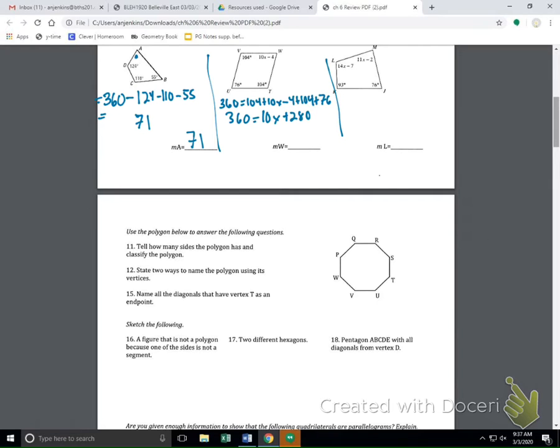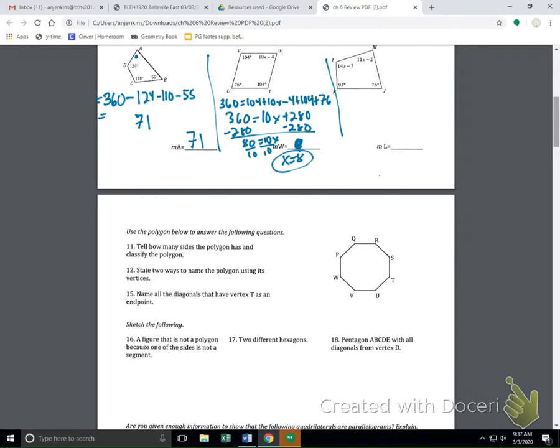Subtract over 280. You got 80 equals 10x, divided by 10. X equals 8.